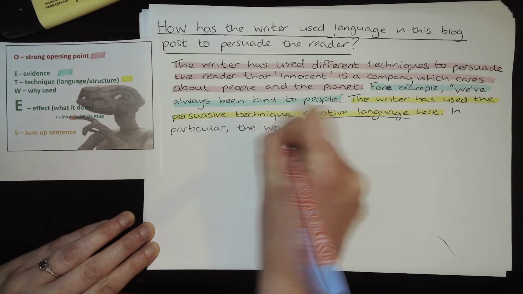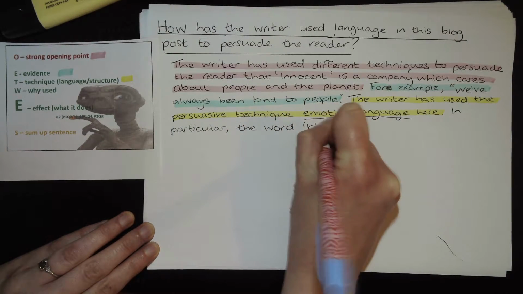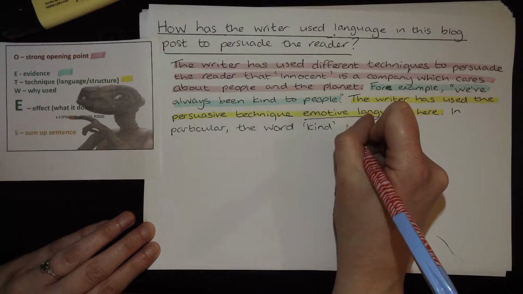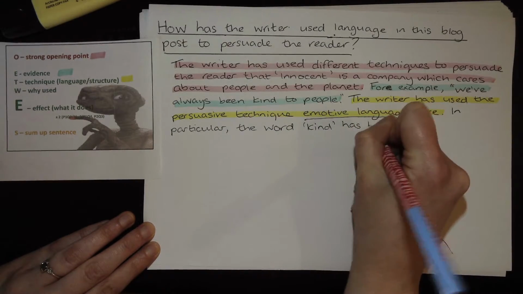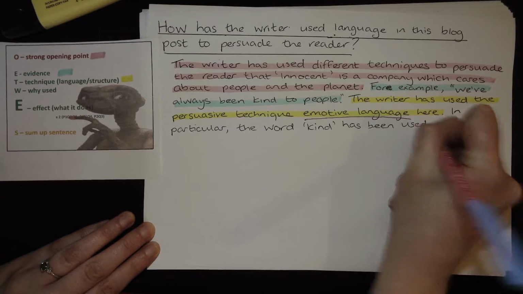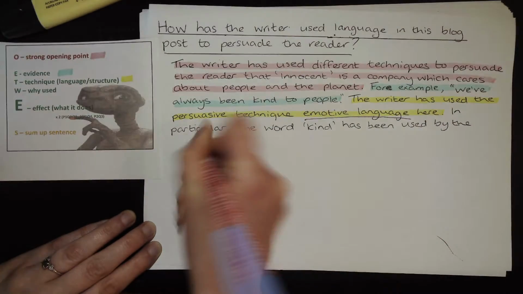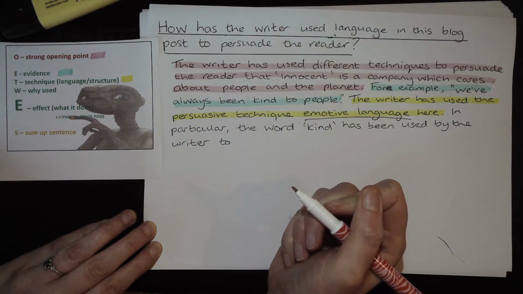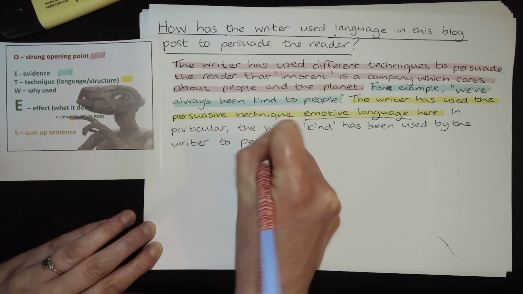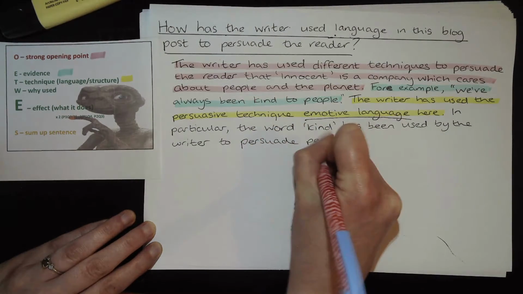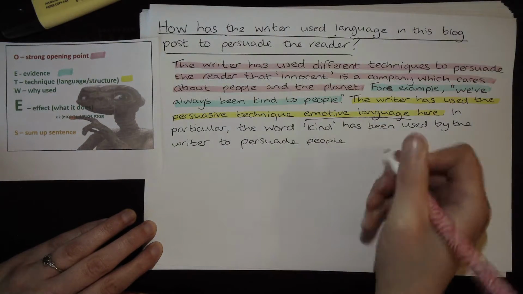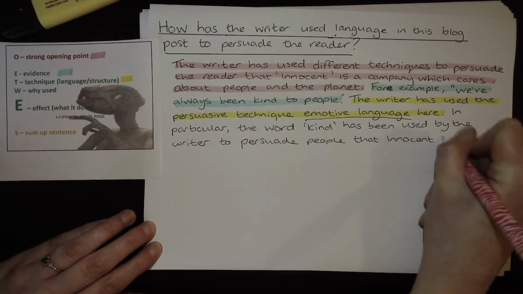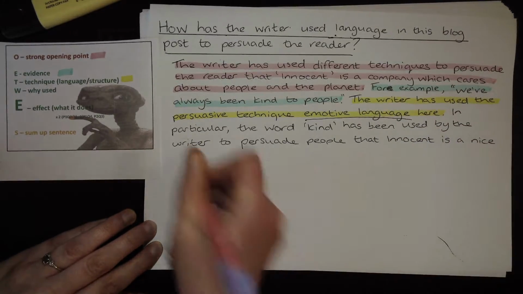the word kind, and I think the writer's used that, so has been used by the writer to, and I think the writer's used that to persuade people that innocent is a nice company.